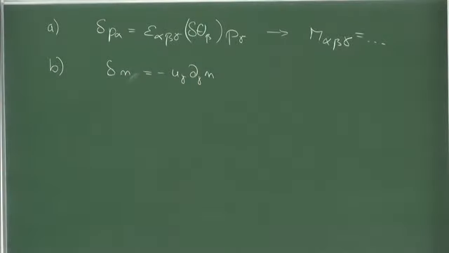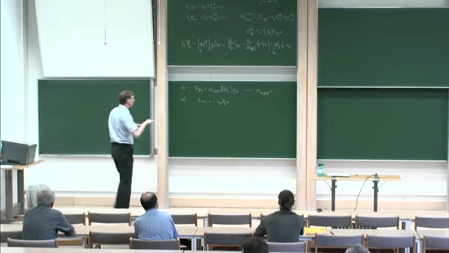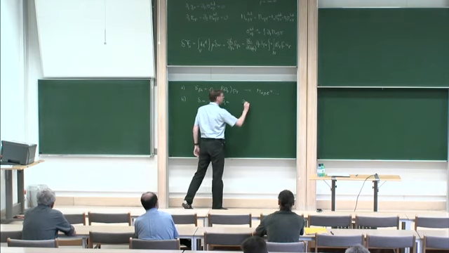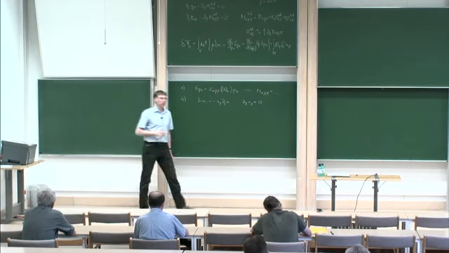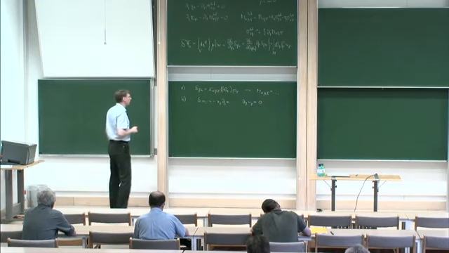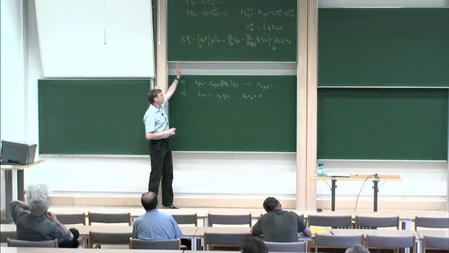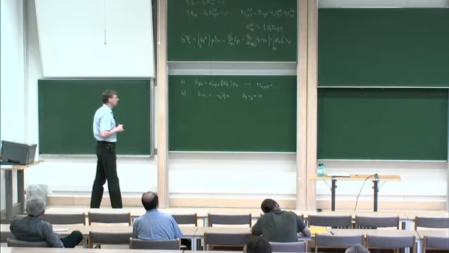Here already I forgot to tell you that what I'm interested in are only displacements that keep my density conserved, so it's incompressible if you want. So I have the condition that the divergence of u should be 0. That's the variation. So everything I'm doing now is restricted to incompressible systems.